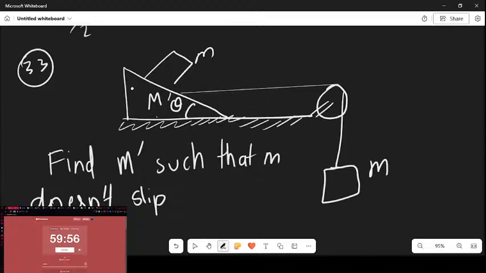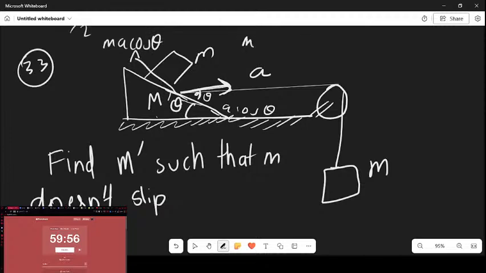Okay, if this moves with an acceleration a, this block of mass M dash moves with an acceleration a, and this will also be theta, and this should be a cos theta, and that pseudo force ma cos theta should be equal to mg sin theta.